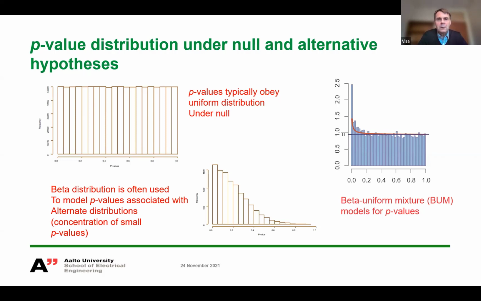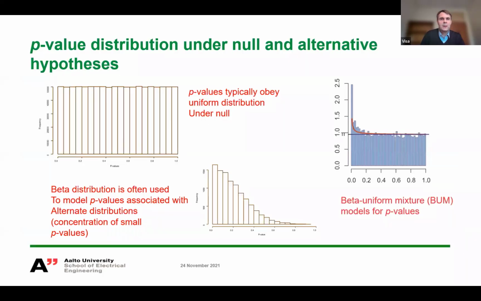Typically you would observe a mixture of these two, and that is commonly described using a beta-uniform mixture distribution, where the beta distribution is used to model the p-values associated with the alternative hypothesis, and the uniform part is associated with the p-values associated with the null hypothesis. So you could use this type of beta-uniform mixture to describe the distribution of p-values.